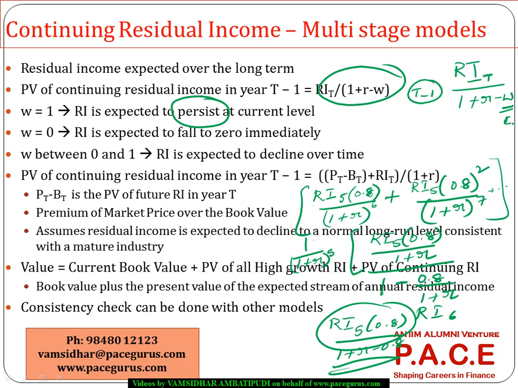But if I am taking this value as 0, it is the 6th year's RI divided by 1 plus R, because all others are becoming 0 altogether.